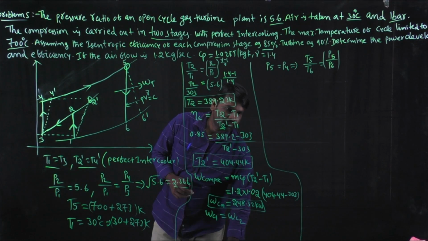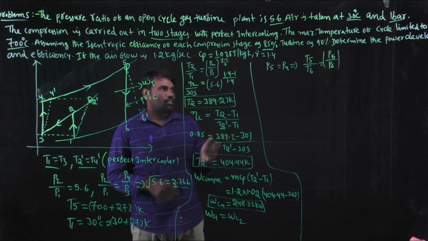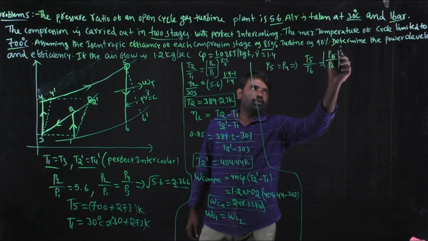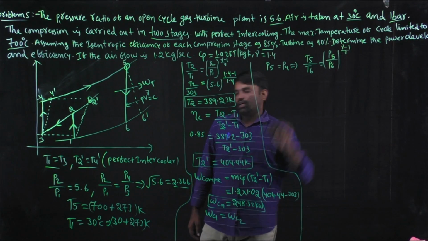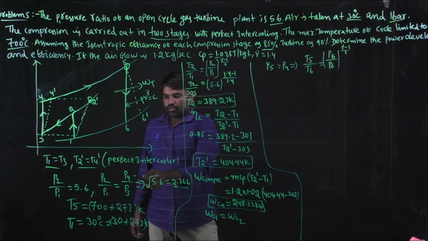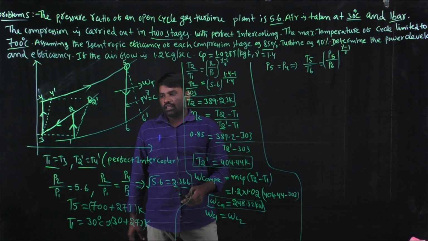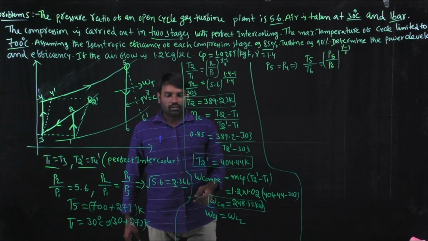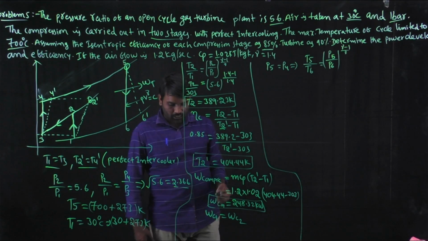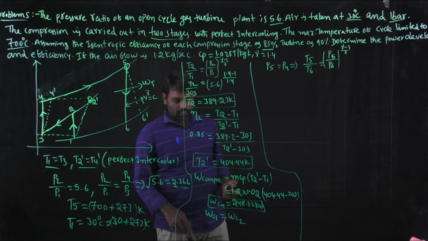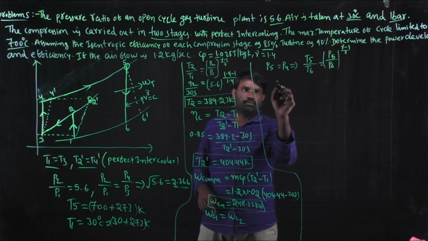In this relation, P5 by P6 is a known value. Already we determined P4 by P3, where P4 is equal to P5, and P3 is equal to, sorry, 5.6 whole power (gamma minus 1) by gamma.